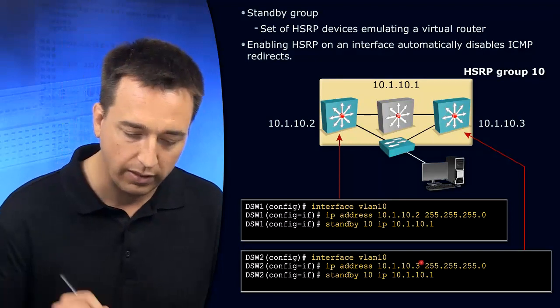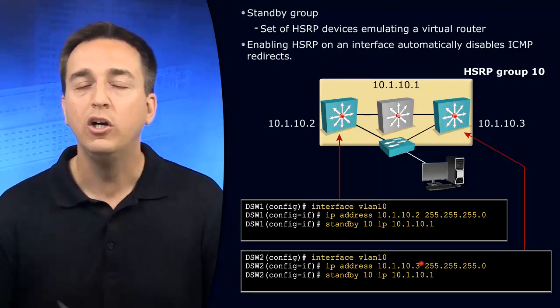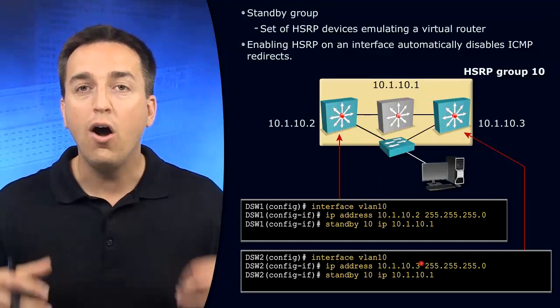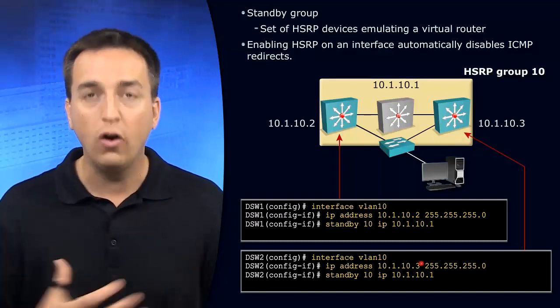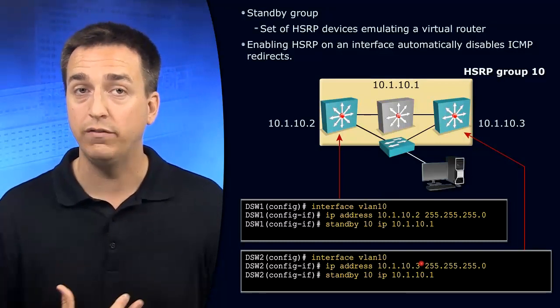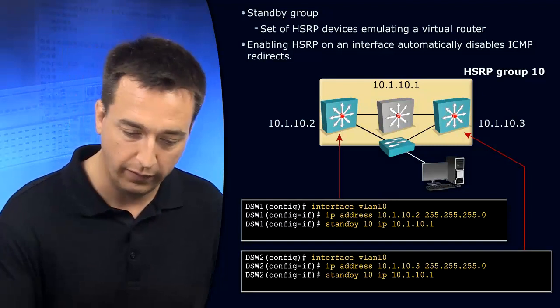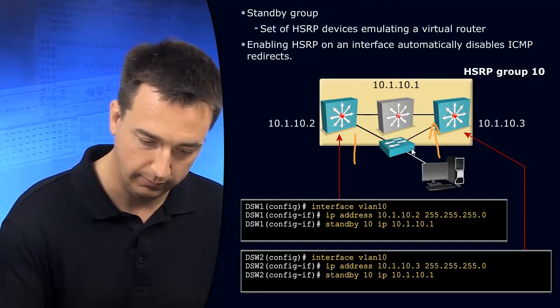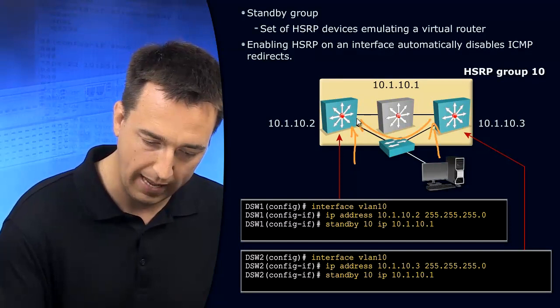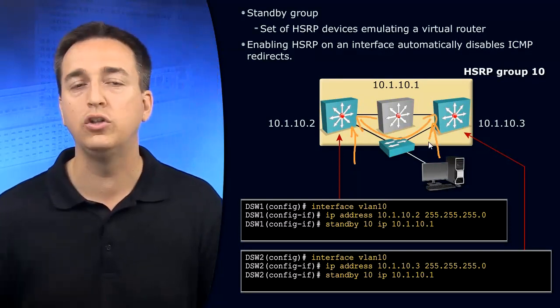DSW2 has an IP address on the interface of 10.1.10.3. So this is the interface on the local area network where the hello packets are being sent and received. It'd be these interfaces right here we're talking about, as the hello packet goes back and forth between these two multi-layer switches.